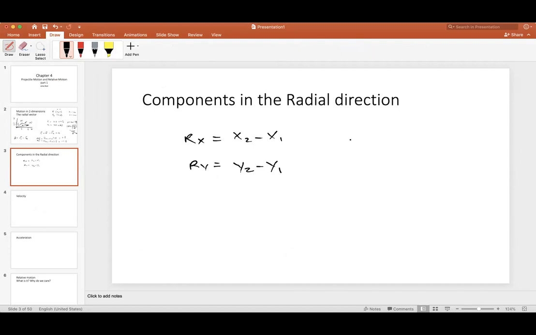And remember that what we end up with here is a displacement equation for these guys, okay?